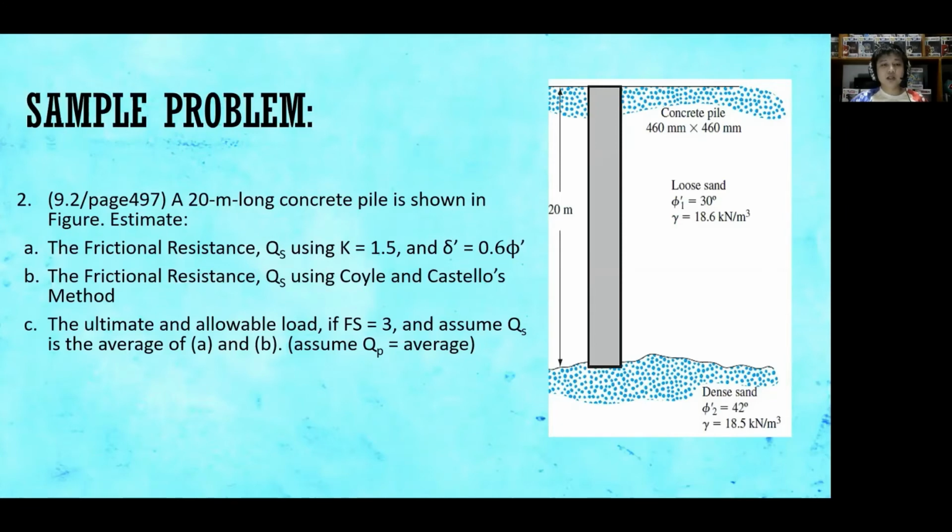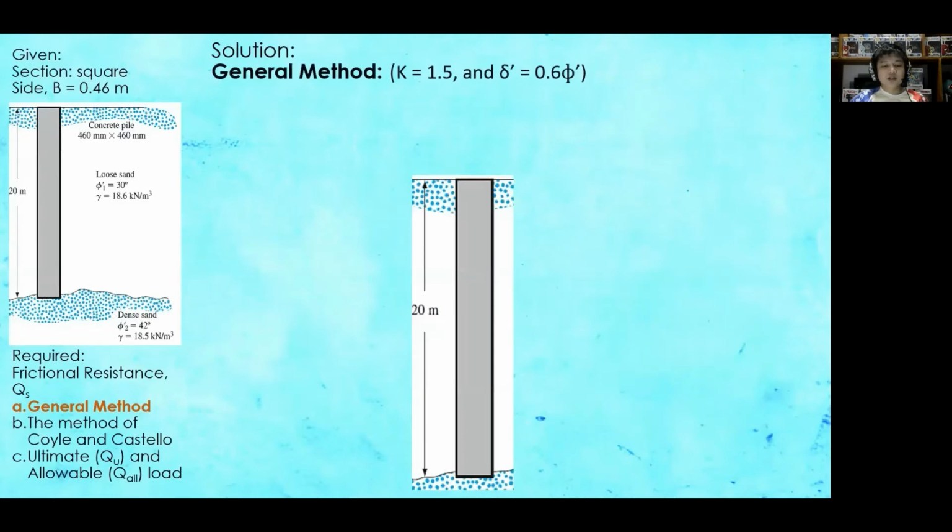So this is actually the continuation of our problem from point bearing capacity. So for the general method, K is equal to 1.5 and delta prime equal to 0.6 of phi prime.